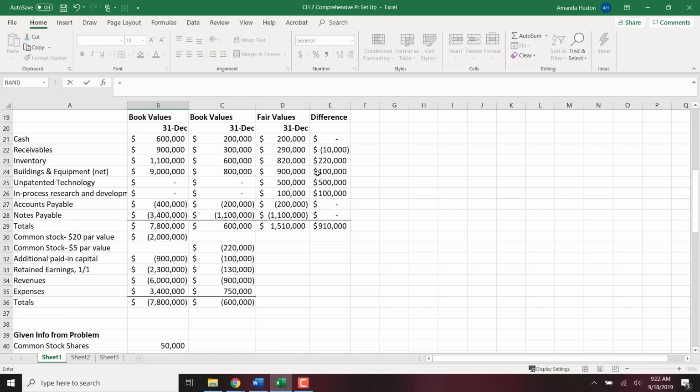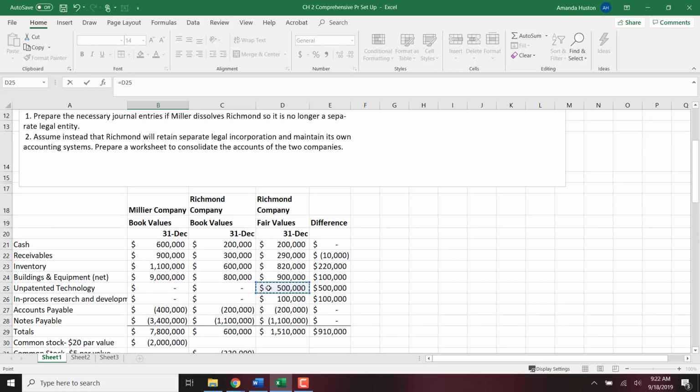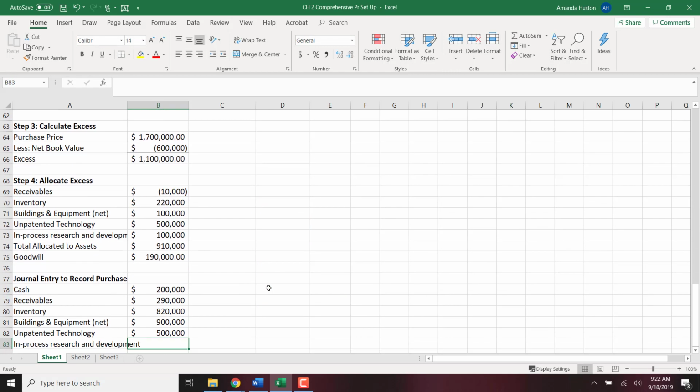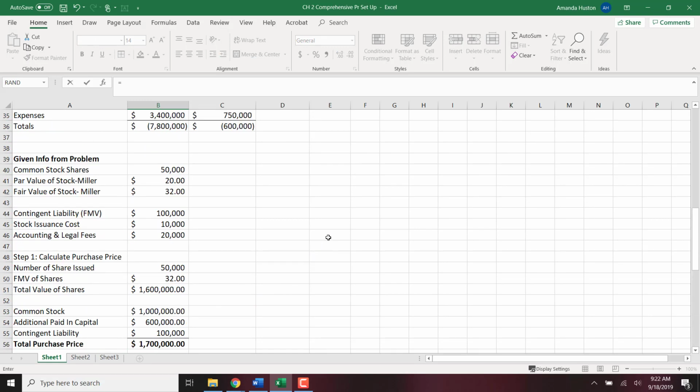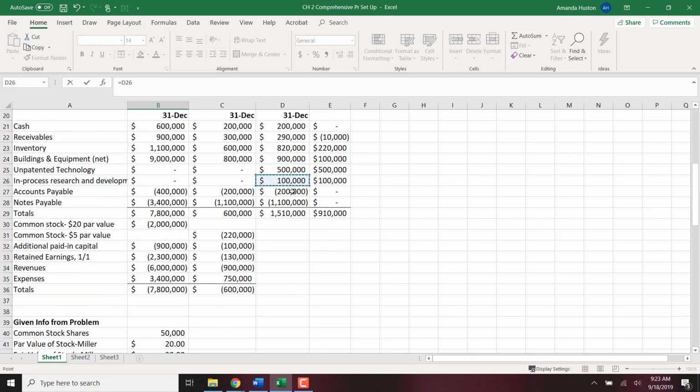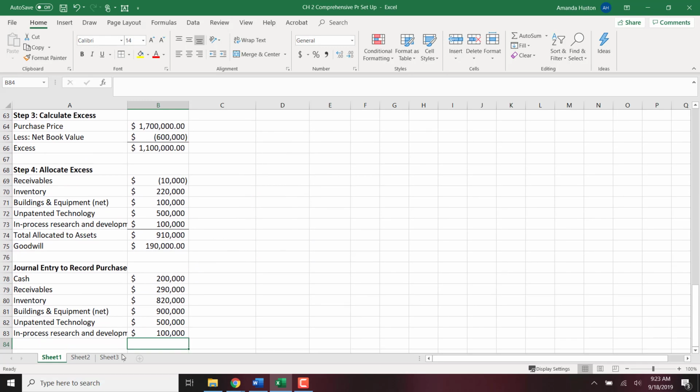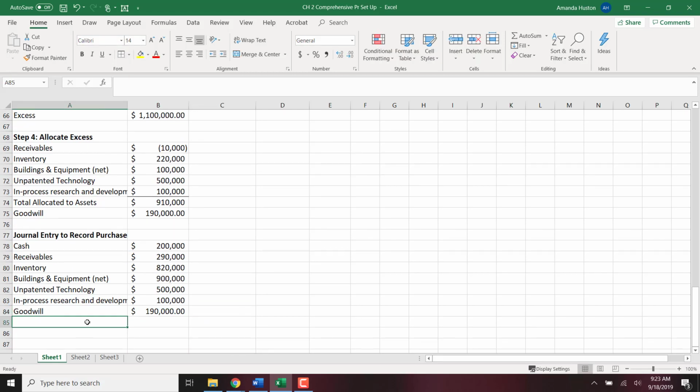Unpatented technology is 500,000. In process R&D, and then the other asset we would need to add as part of our purchase price is goodwill. So goodwill, which we calculated.